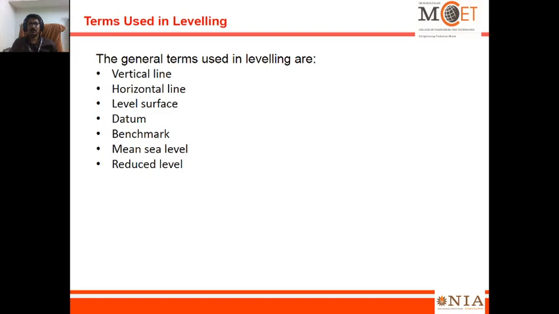The general terms used in leveling are vertical line, horizontal line, level surface, datum (already discussed), benchmark (we are going to see in detail), mean sea level and reduced level (already discussed, right?). So these are the major terms we regularly use in leveling. We have to see what they are, right?